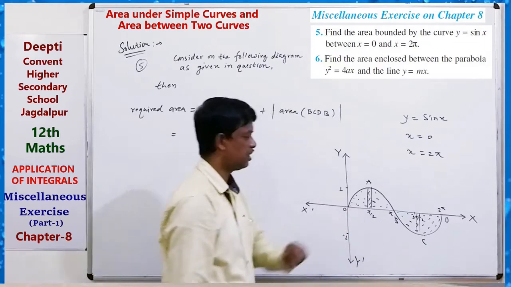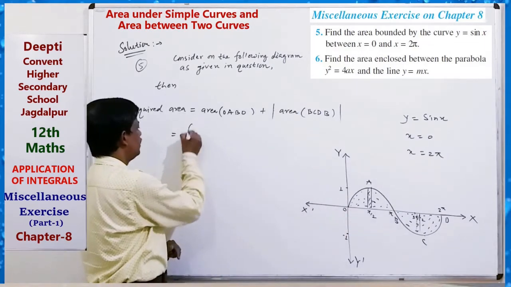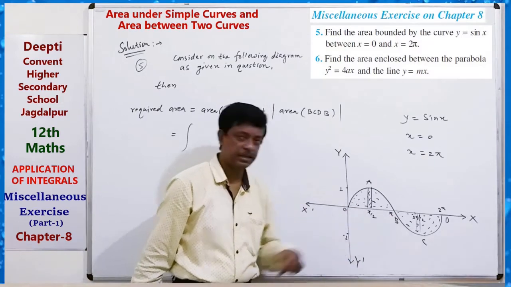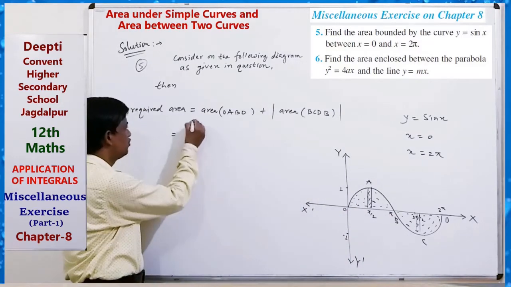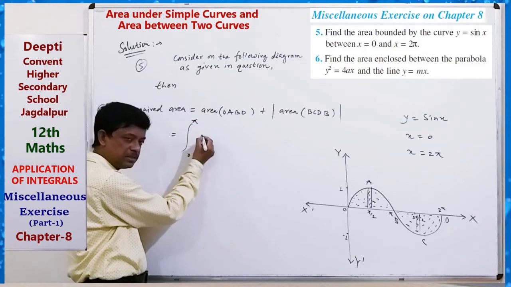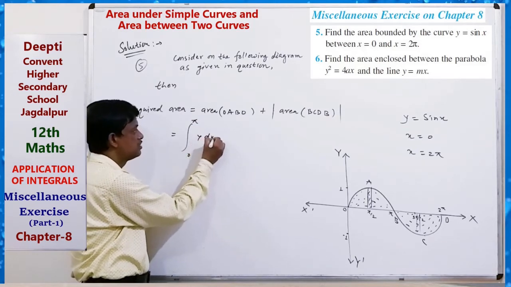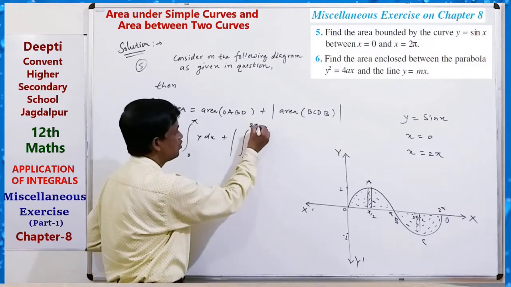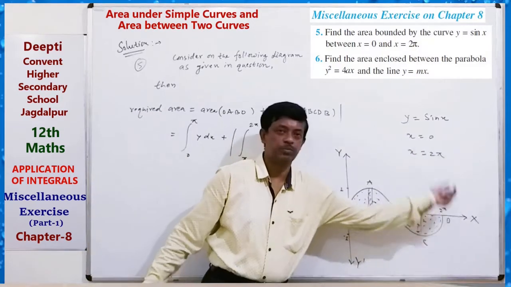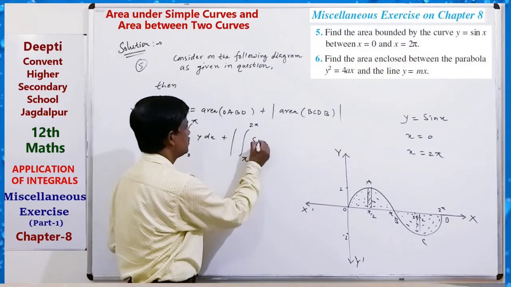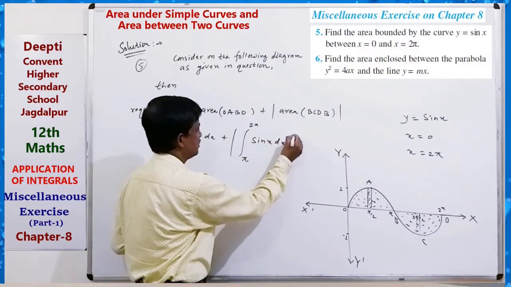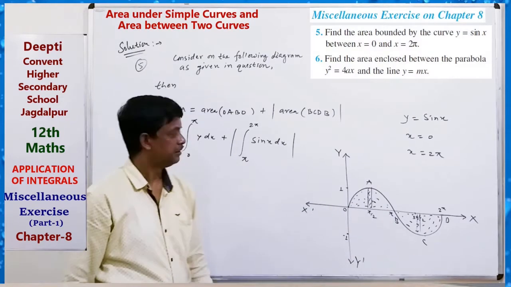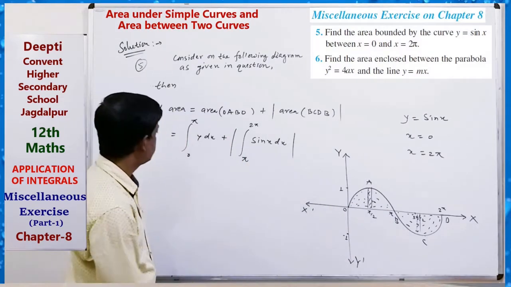So in this part, area for this part is 0 to pi, y dx, plus modulus of what? Pi to 2 pi, here also sin x dx, because the modulus sign is there.